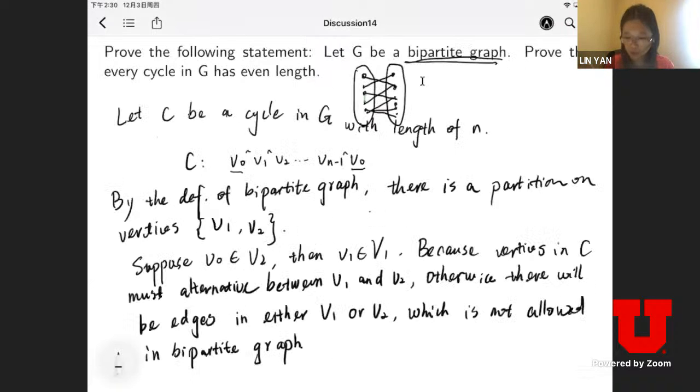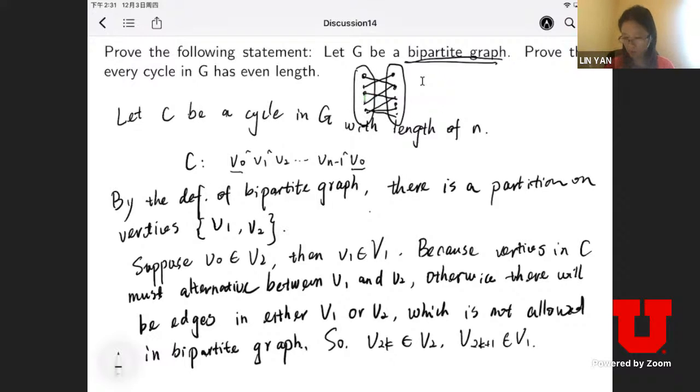So we know V0 is in V2, V1 in V1, V2 is in V2, V3 is in V1. And then we can conclude V2k is in V2 and V2k plus 1 is in V1.